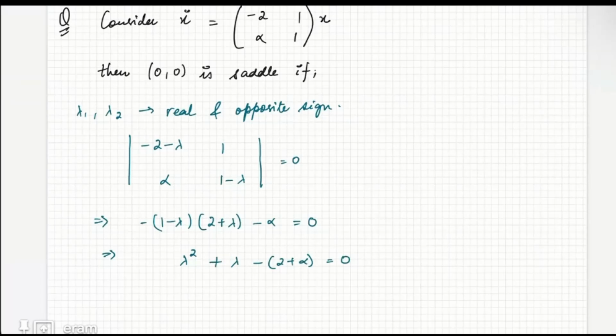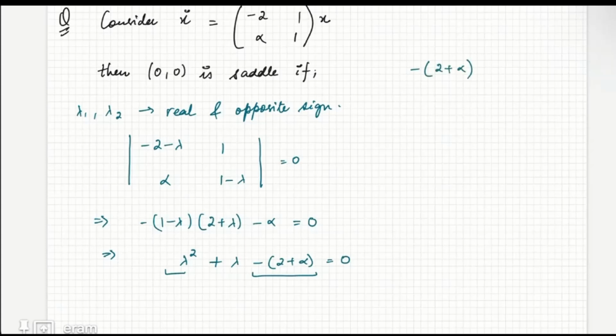Okay, so this will be the characteristic equation for this system, and from here, for the eigenvalues to be real and of opposite signs, we can use the condition that c by a, that is this term divided by this coefficient, should be less than 0. Okay, so let's impose that condition.